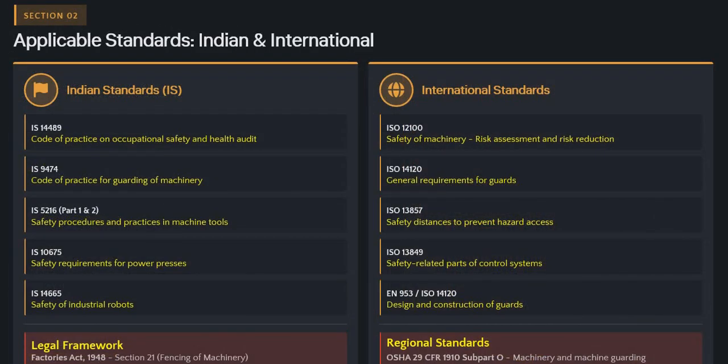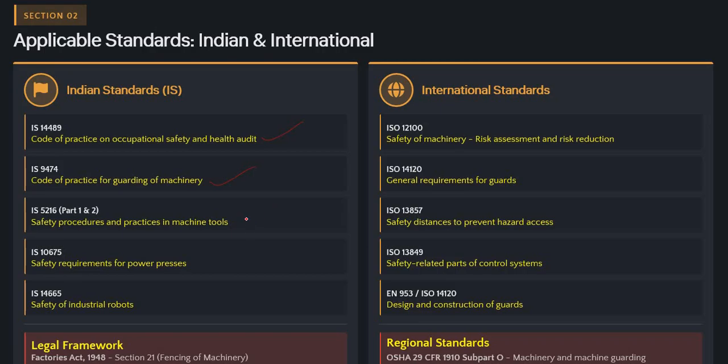And there are applicable Indian standards and international standards also. Actually this is related to safety audit. Whenever people are doing safety audits, they identify findings related to machine guarding. In terms of Indian standards for guarding, that is IS 9475, and the second one is IS 5216.